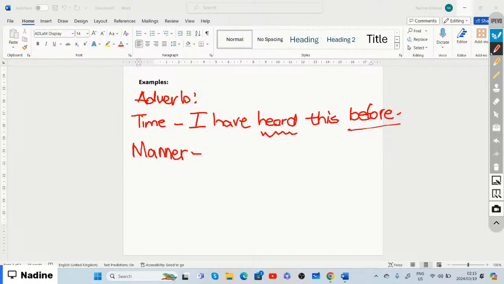And if we look at a sentence example, we can say, the soldiers fought bravely. So bravely is our adverb and it tells us how the soldiers fought.